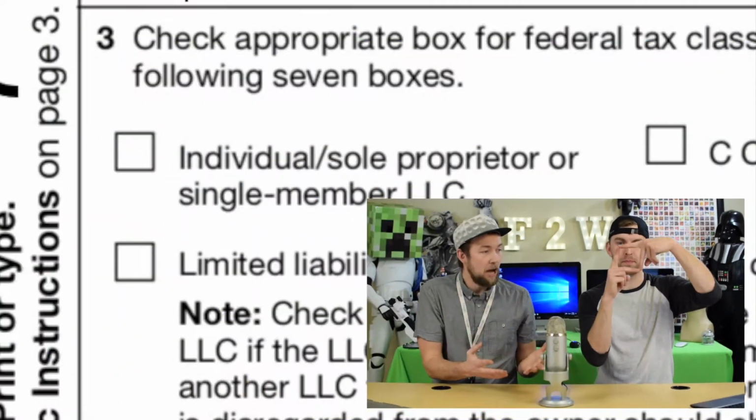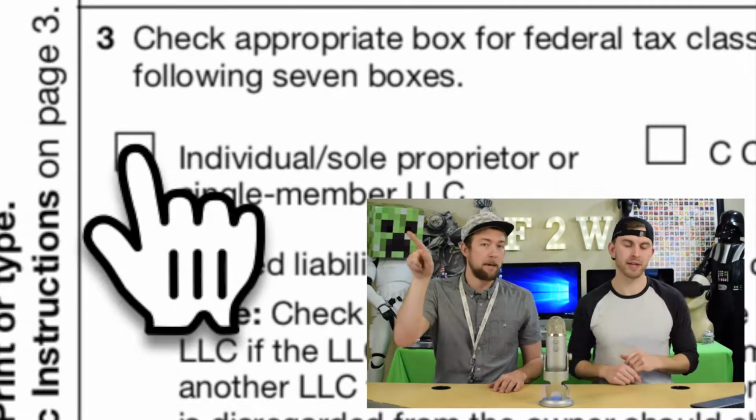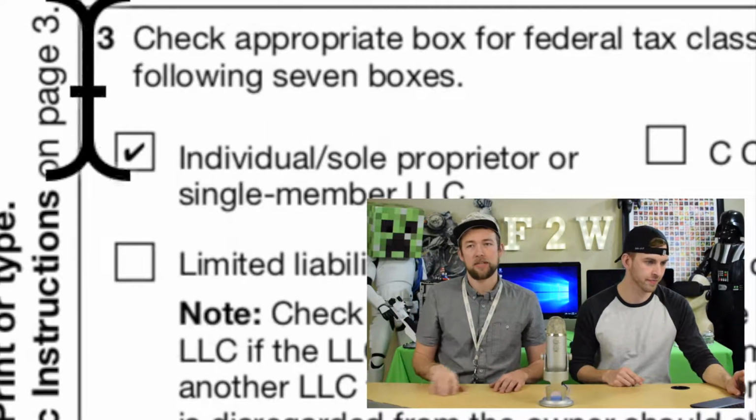Question 4. What is a checkbox? On a PDF, you can add checkboxes, and it will allow a viewer to mark or check that box just by clicking it with their mouse. So instead of having to print it out and draw a check mark, they can just click and it'll mark it.